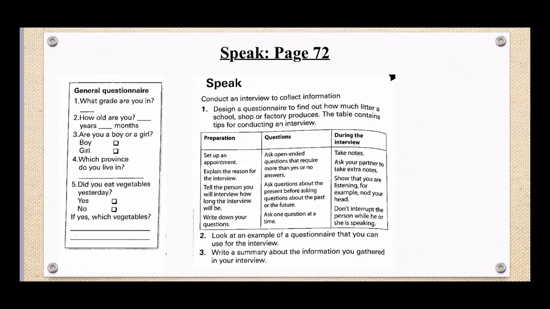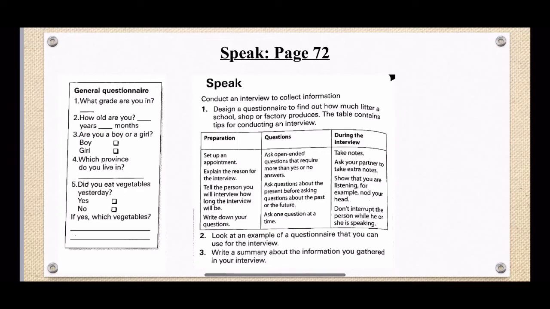You need to then explain the reason for the interview. And you should tell the person you will interview them and how long the interview will be. And then you need to write down the questions that you would like to ask this person. So that's all your preparation work, what you need to do before.